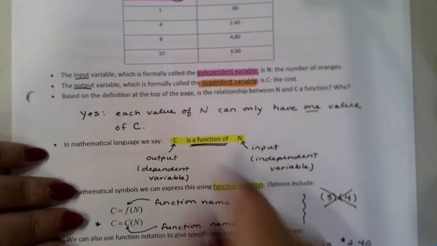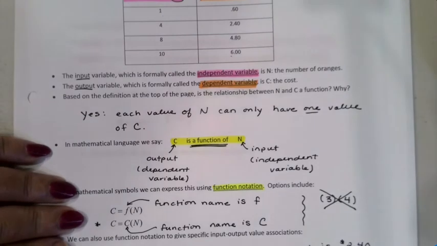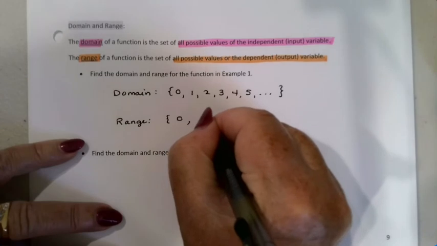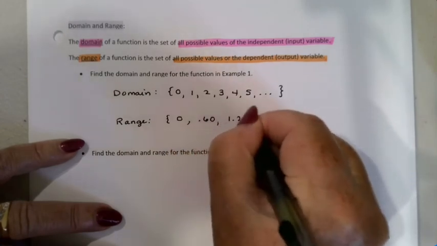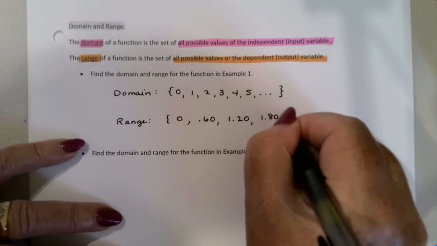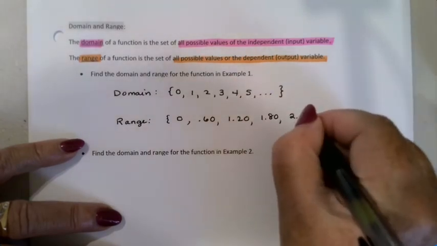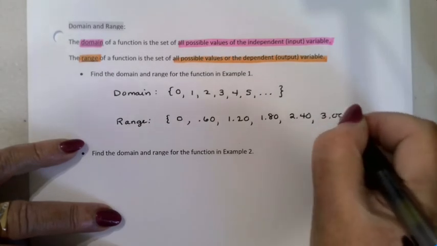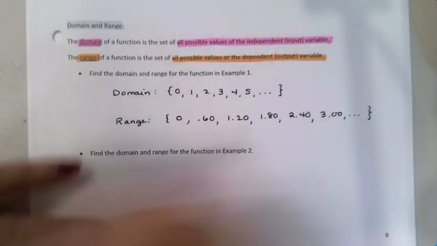And then it looks like every orange is going to cost 60 cents, right? So 60 cents for buying 1 orange, 2 oranges would be $1.20, and so on. At 60 cents an orange, 3 oranges would be $1.80, 4 oranges would be $2.40, 5 times 60 would be $3, and so on, as I buy more oranges.